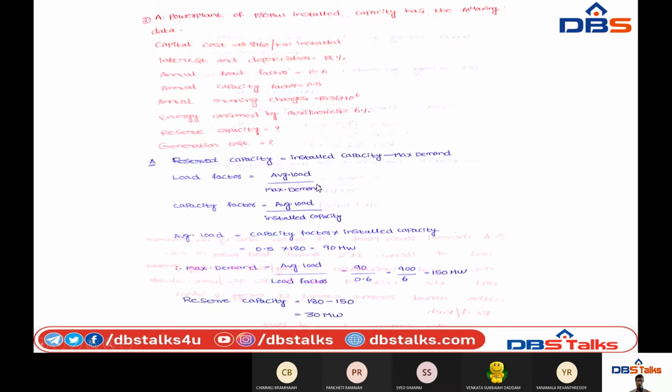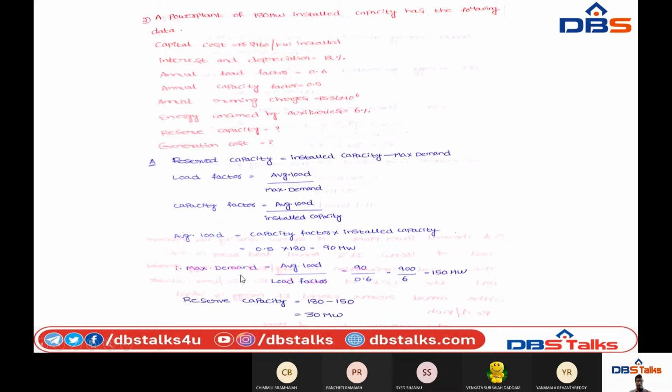We have one more relation, the capacity factor, which is average load by installed capacity, that is 180 megawatt. Therefore, average load equals installed capacity into capacity factor, that is 180 megawatt into 0.5, which equals 90 megawatts.